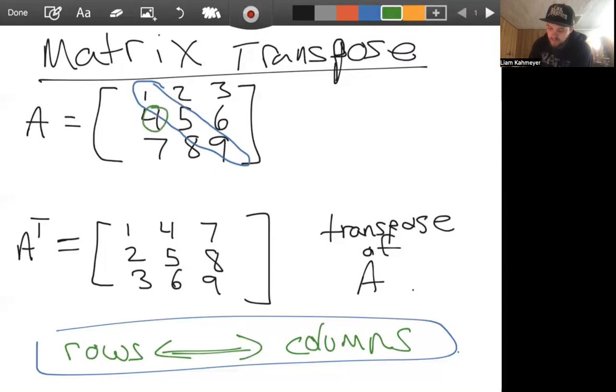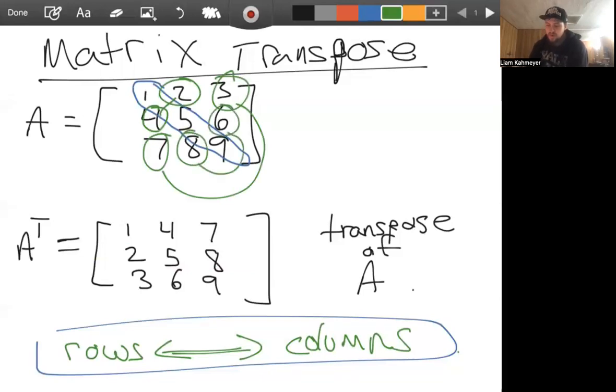And so what we did was we exchanged the 4 and the 2, right? If you use the diagonal almost as a line of symmetry, then you swap the two entries that are in the symmetric spot. So 4 would swap with 2, 7 would swap with 3, and 8 would swap with 6.